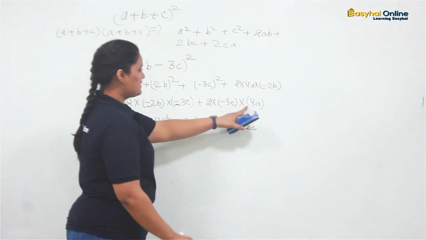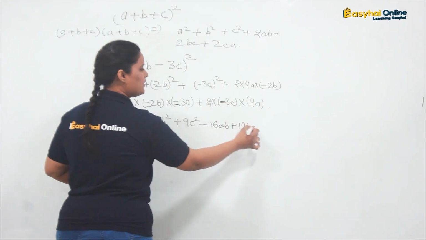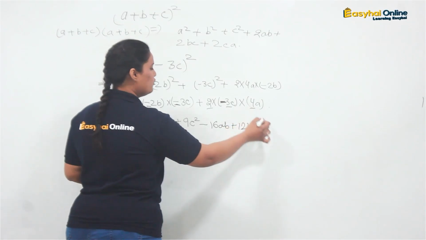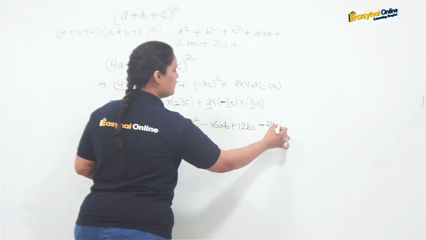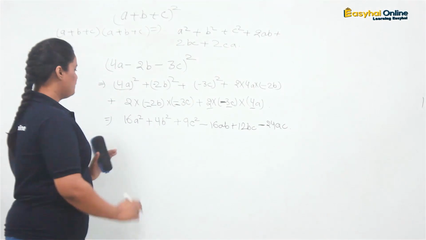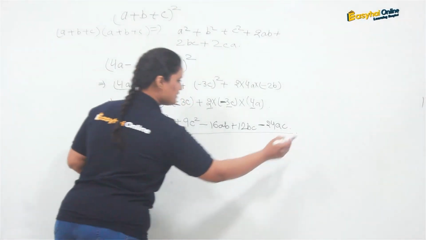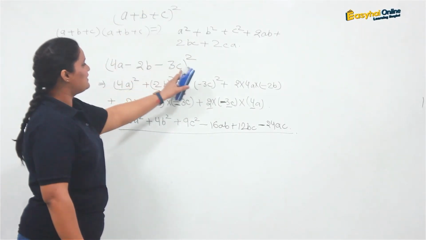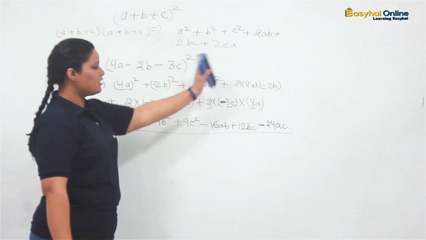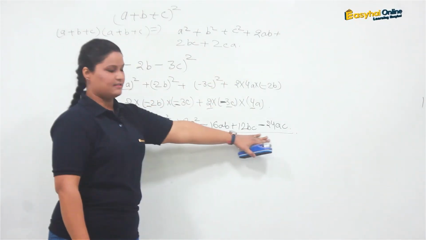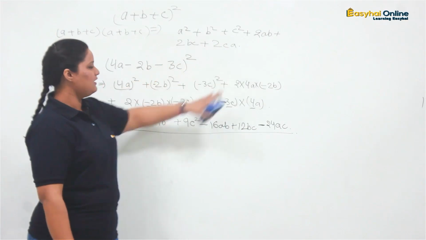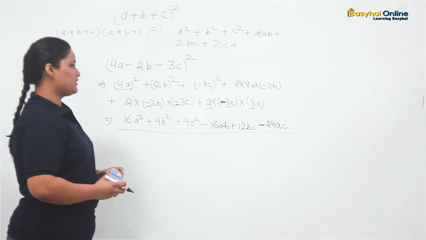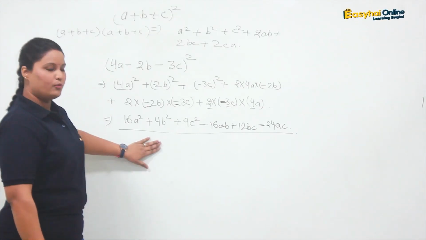Okay, and the last term is again a single negative, which means it will be negative. It means 2 into 3 is 6, into 4 is 24ac. So here is the expansion of this question. When we multiply these terms by these terms, we get this answer. And by using this identity, we can easily find the answer without actual multiplication. Okay, I hope you guys understand this.